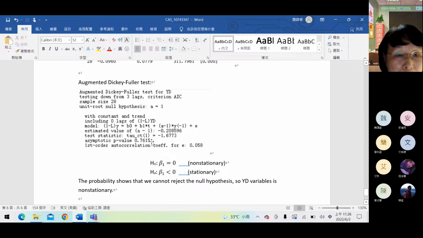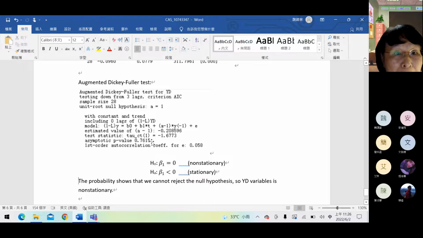Okay, we know that we have two approaches. One is called the critical value approach. The other one is the p-value approach. So what we have seen from Gretl, they just show the p-value approach. They really didn't show the critical value in the output.